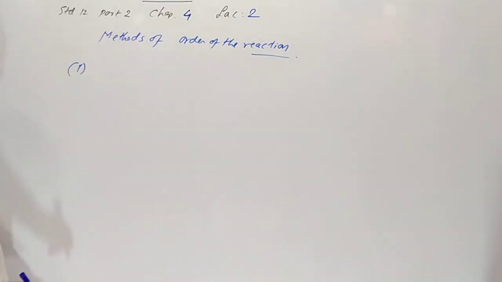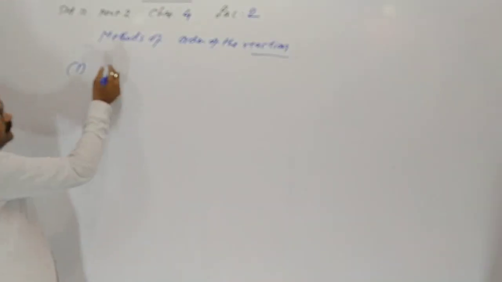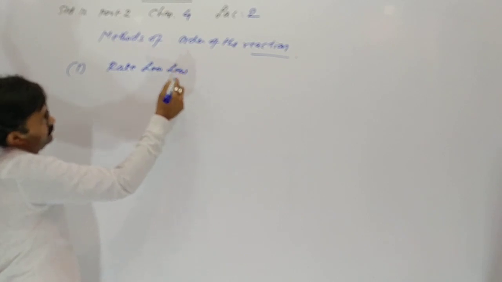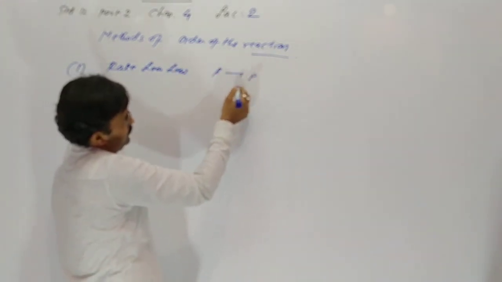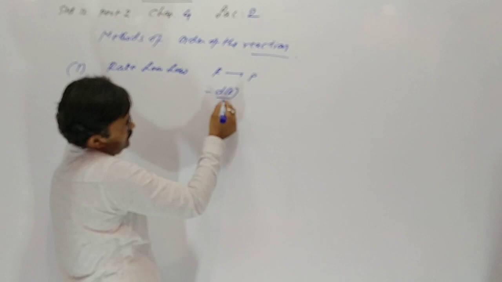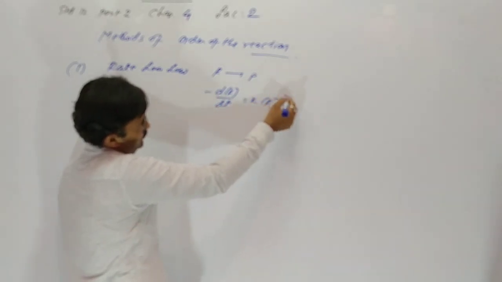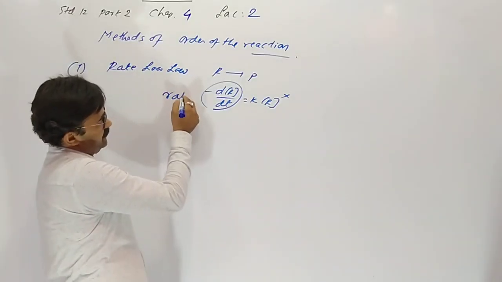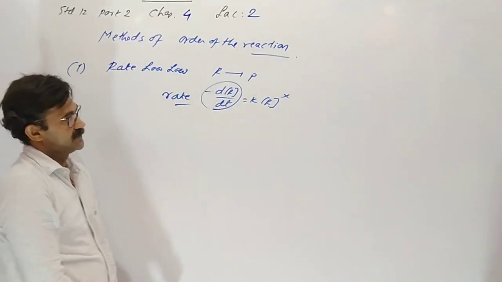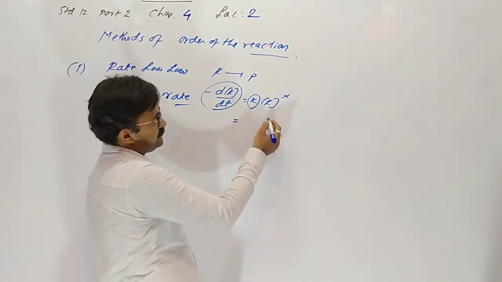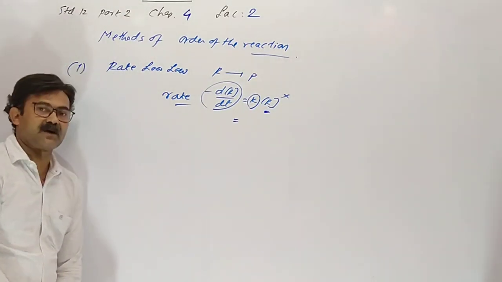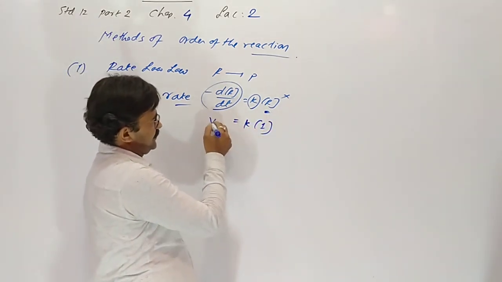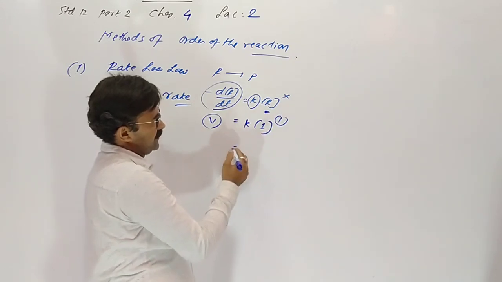First one, the differential rate law. Suppose R gives P is the reaction, so we can write rate is equal to K R raised to x. Here dR upon dt means the rate of reaction. If K is known, when we put different concentrations, suppose concentration is 1 molarity, then it should be 1.